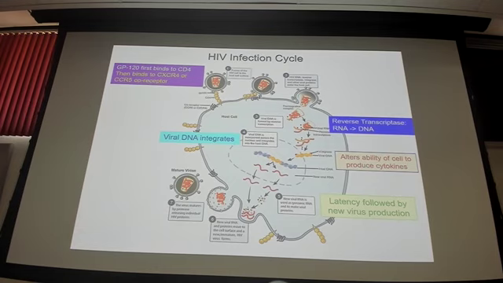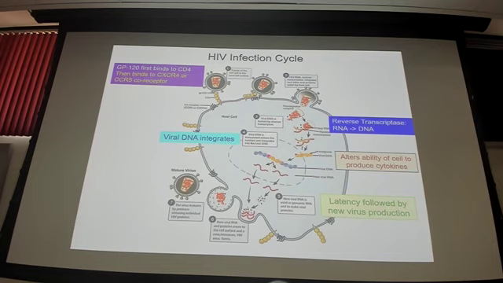This slide basically summarizes what we just talked through in the last couple of slides: the pre-entry steps to docking to the primary receptors and the co-receptors, the fusion of the membrane, the entry and the uncoating that happens, the reverse transcription that happens out in the cytoplasm, and then the fact that these DNA strands have to be transported into the nucleus and stably integrated.